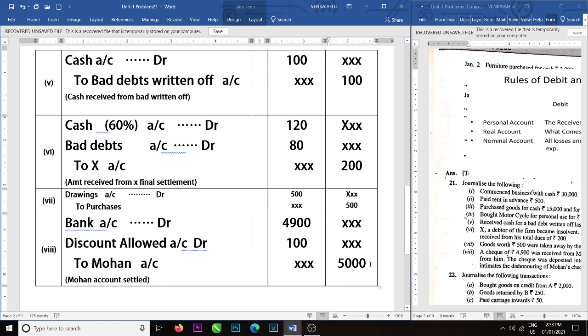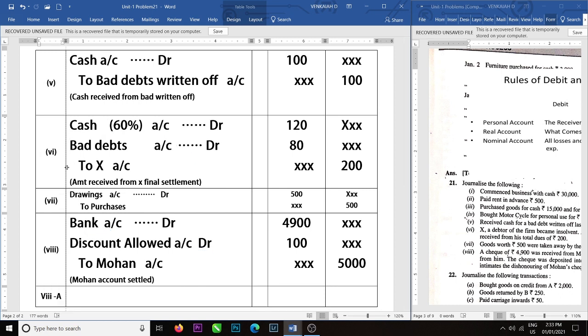Next transaction is this check is credited into bank.